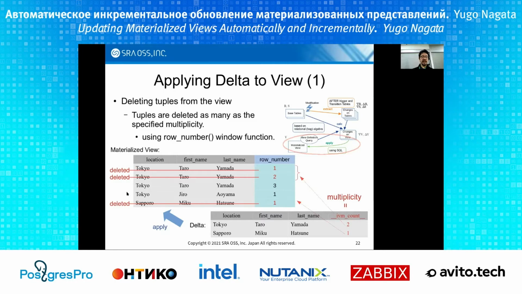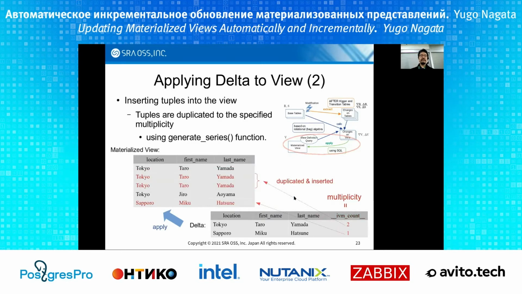There are three same tuples, but only two tuples are deleted because the multiplicity is 2. When inserting tuples into the view, tuples are duplicated to the specified multiplicity.